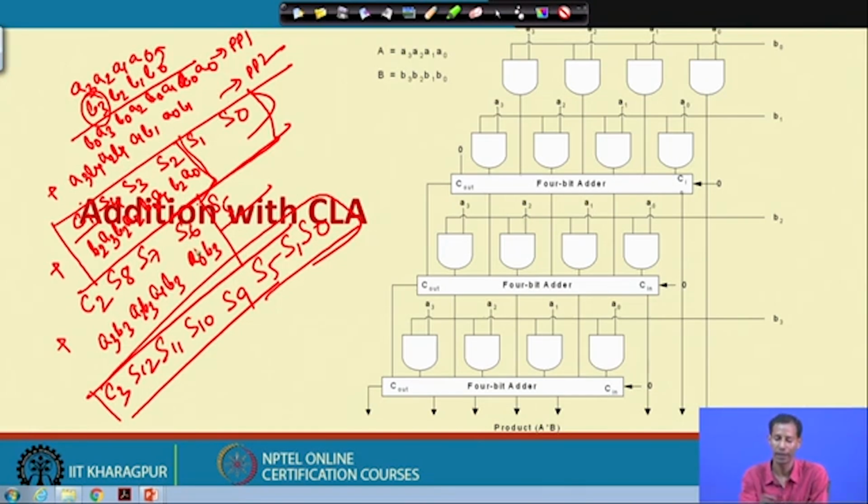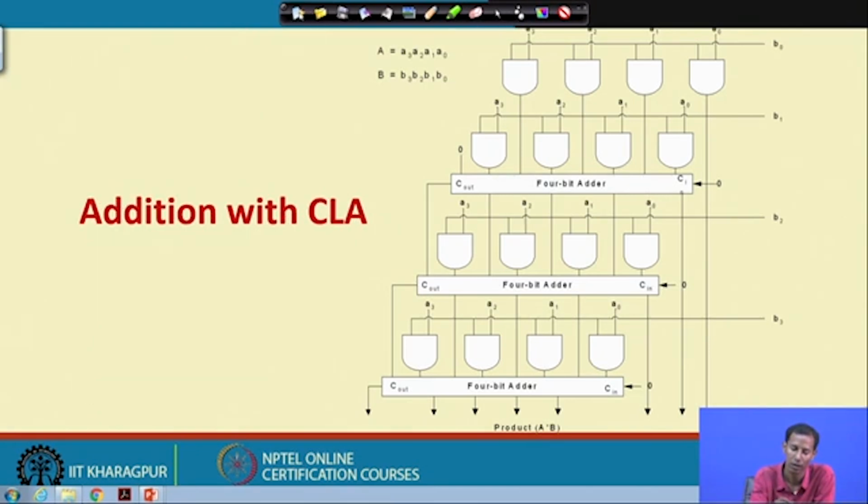So, in this manner, initially B0 is ANDed with all the bits of A, and B1 is shifted by 1 and all the bits are ANDed with A, they are being added, where these 4 bit adders have been made using the carry look ahead adder. Okay.